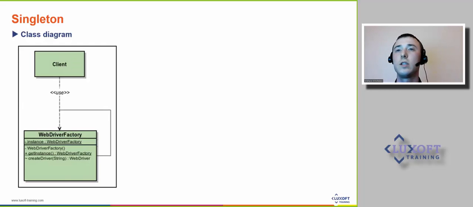So this is the class diagram. When the client is using, in our case, WebDriver factory or a properties loader class, every time we interact with the same object, because only one instance of WebDriver factory in our case can be created.